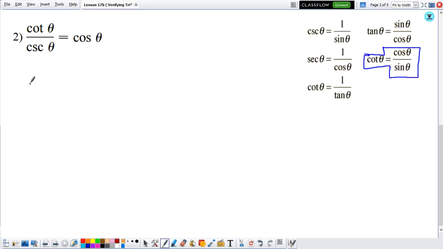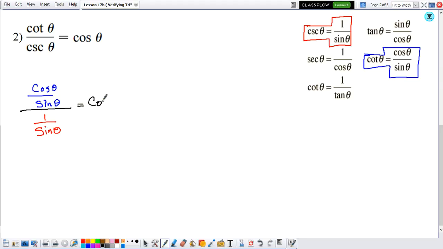So instead of cotangent, I can write cosine over sine, still divided by cosecant. I notice that cosecant, I can rewrite as 1 over sine. And that is still equal to the right side, which is cosine.